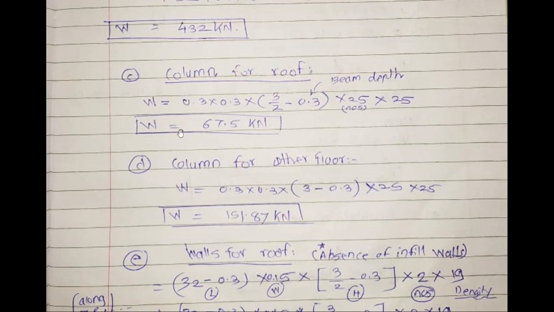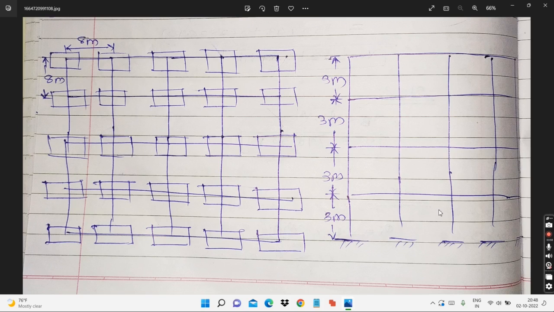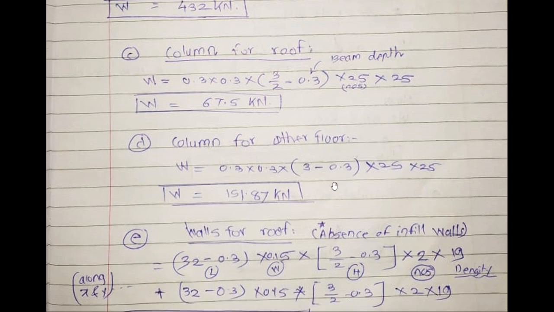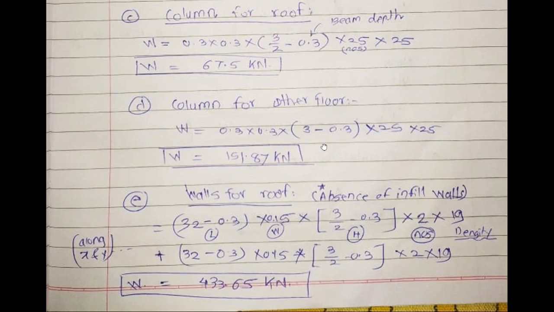The same process is to be done, but instead of 3 by 2, only 3 is to be taken. That means full height is to be taken, because if we consider this floor, half of this and half of this will add up to 3. So calculations will be similar, but instead of 3 by 2, only 3 is taken.